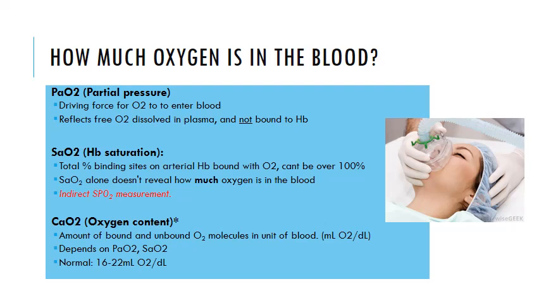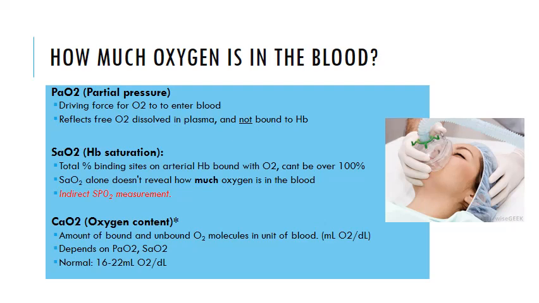We'll start with number 1, the partial pressure of oxygen in arterial blood. The PaO2 is the driving force for oxygen to enter the blood from the alveolar capillary system. What this does is reflect the free oxygen dissolved in plasma and not the oxygen that is bound to hemoglobin. For that, we're going to need the next one, the hemoglobin saturation.